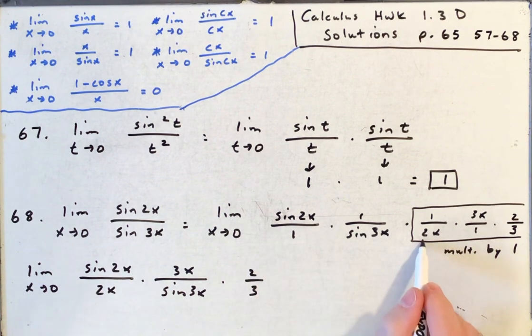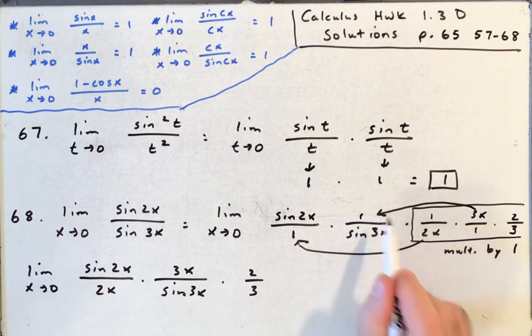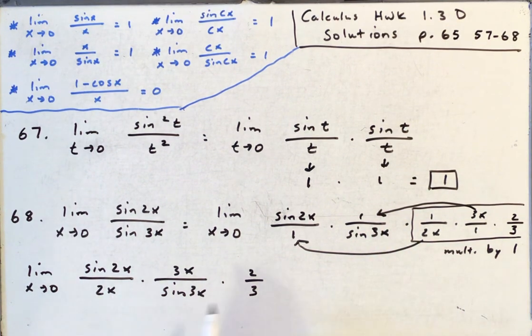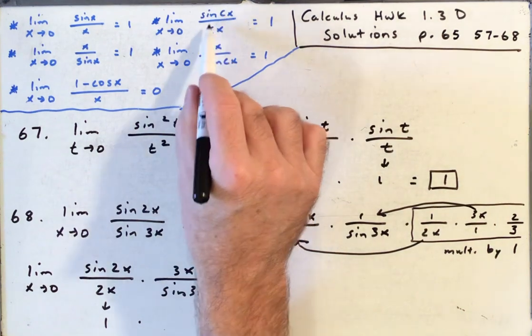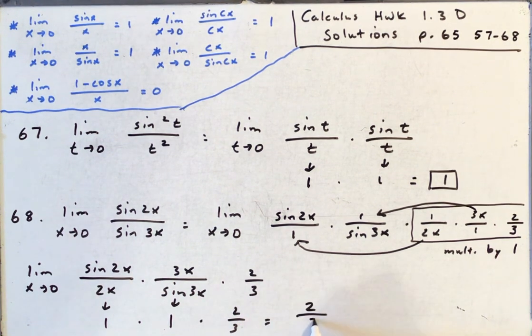I just pulled that 2x right there, pulled that 3x right there, and put them together. So we know that's 1 because we have an identity right here. This is 1 times 2/3. Don't forget about that. That is 2/3.